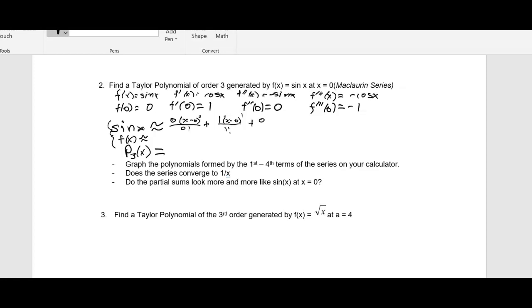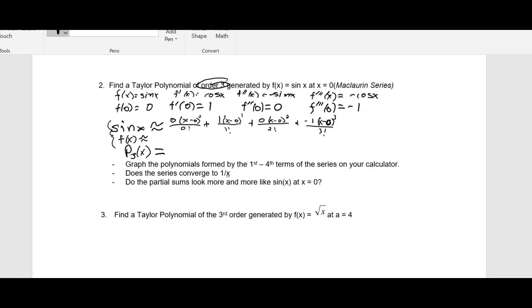Our second derivative value is 0, and then we'd have x minus 0 to the second power over 2 factorial. Our third derivative value is negative 1, x minus 0 to the third power over 3 factorial. Since we wanted a polynomial of order 3, we are stopping here because we have our third power. Clearly now this can be simplified, so let's go through and simplify this.